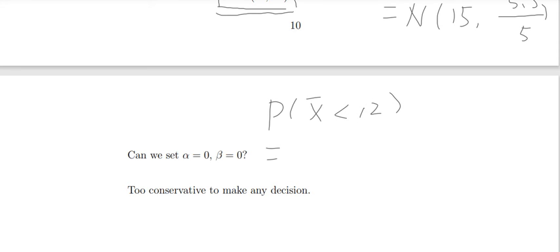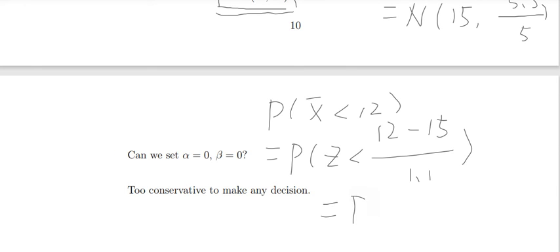So it equals P of z less than (12 minus mu) divided by sigma 1.1, right? So this probability is, let's say, negative 3 divided by 1.1, like negative 2 point something.